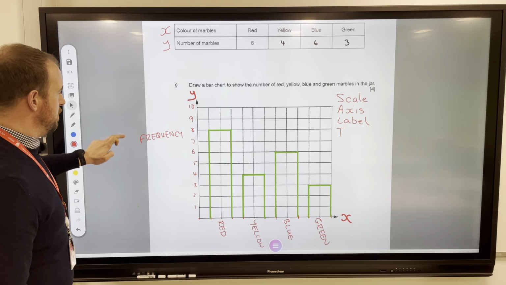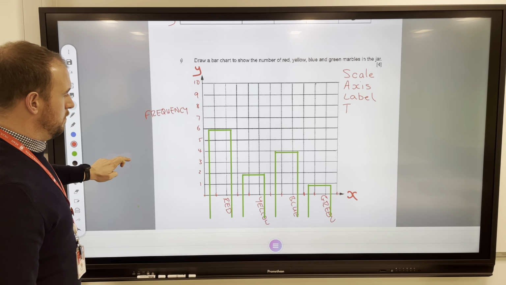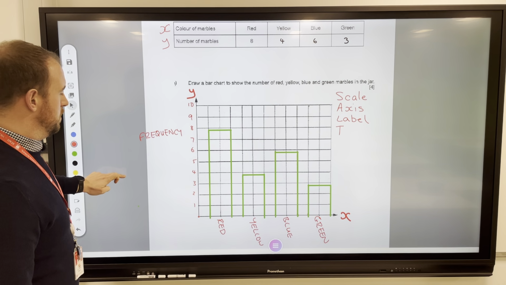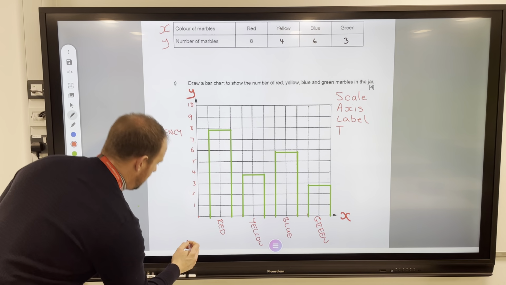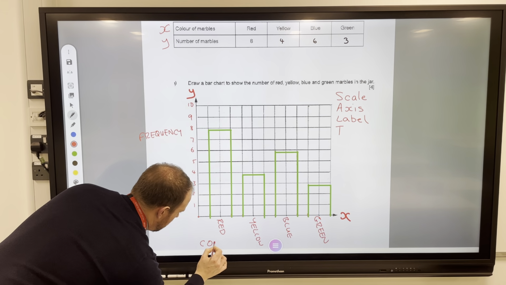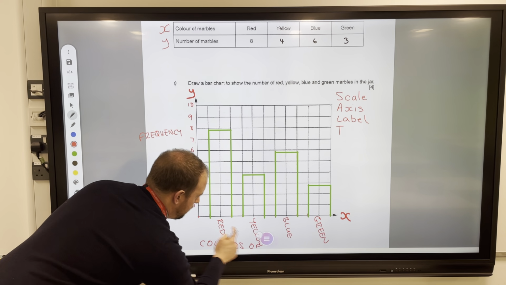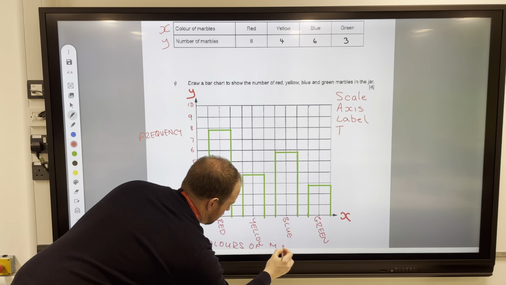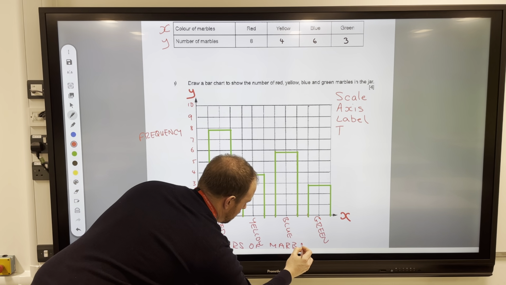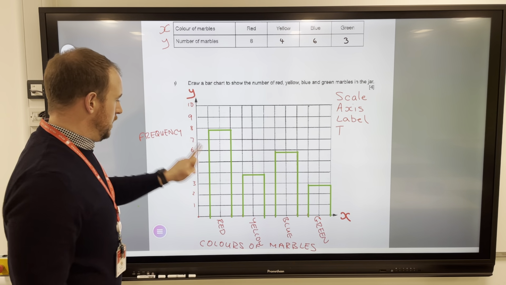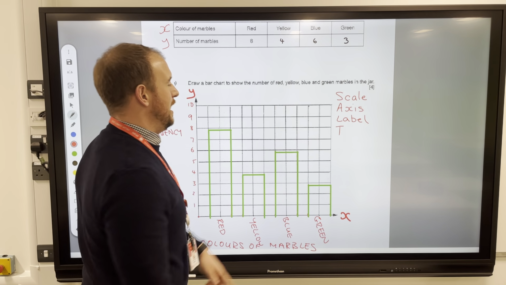So if I scroll this up, maybe not, because that's going with us as well. So to label this then, these are colours of marbles. So label, frequency, colour of marbles. Last one.